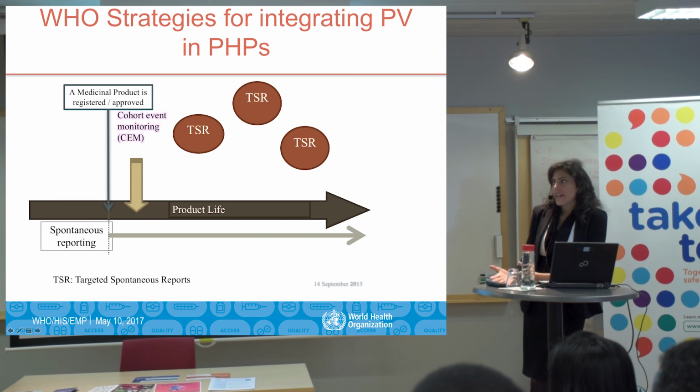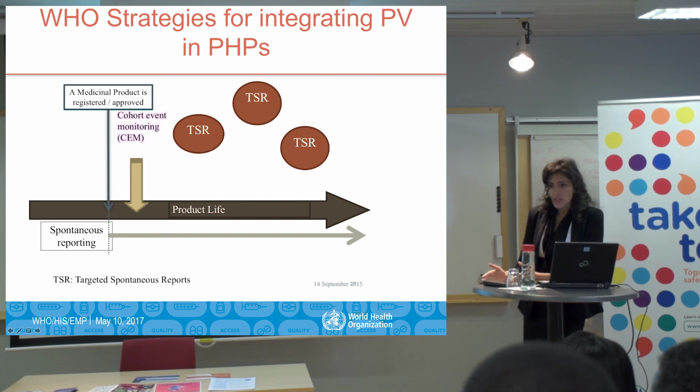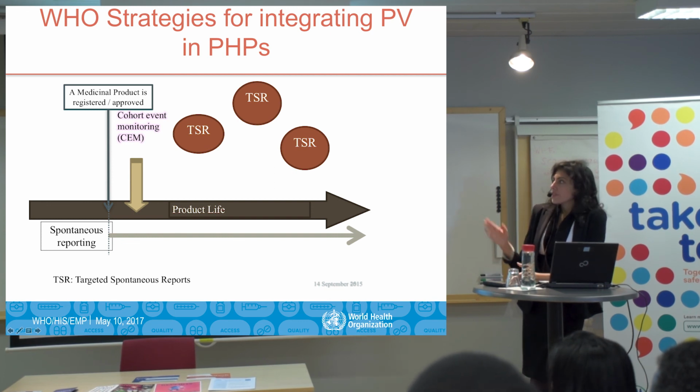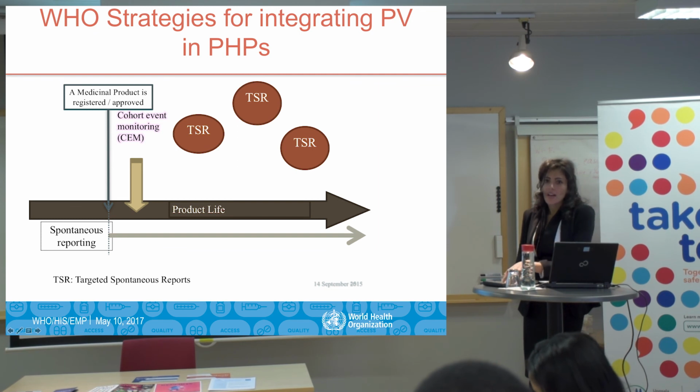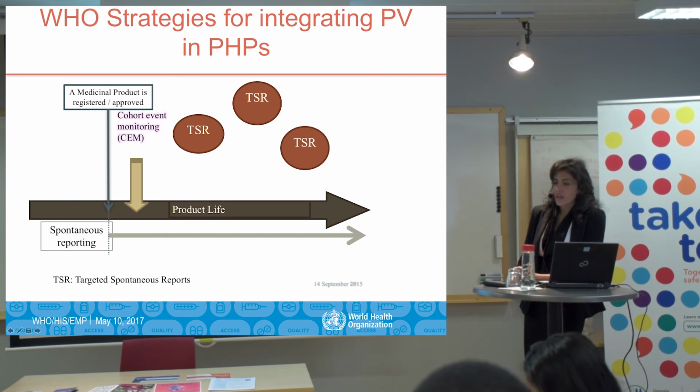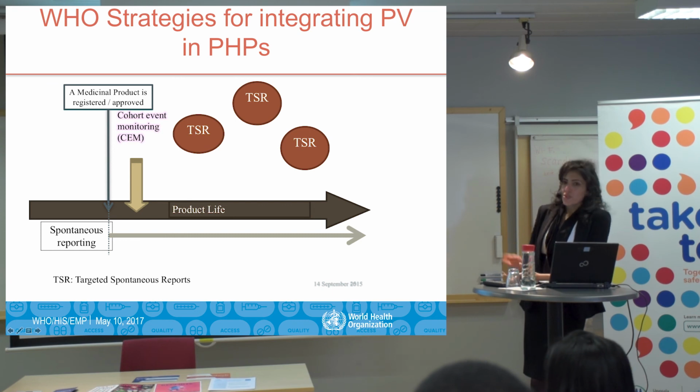That will find the most common adverse drug reactions, because normally you would do it for the first 3,000 patients, and if there's anything alarming, you would find it straight away. And then you'd have the targeted. You might find this drug may cause cardiovascular events, but you want to look into it a little further, so you just look at the cardiovascular events that happen with this drug, and that's what happens throughout the product life.